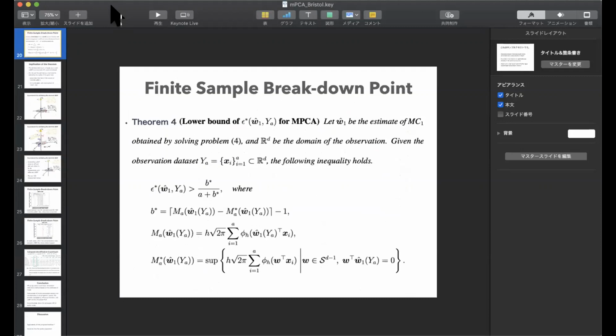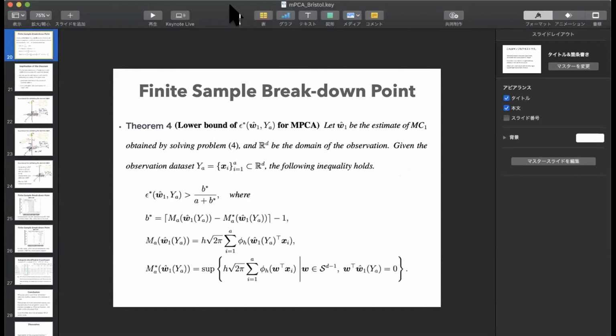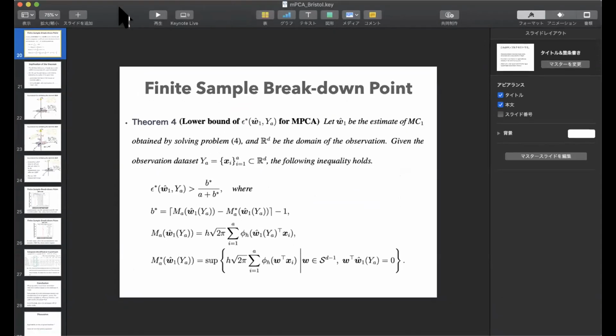So if we want to evaluate how robust the estimated minor direction by the proposed method is, we first carefully collect a small amount of clean data and estimate the lower bound by using this theorem. Then we know the ratio of acceptable outliers by using this theorem.